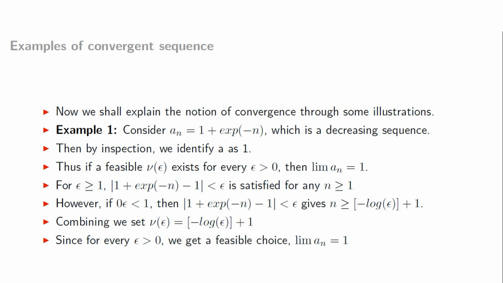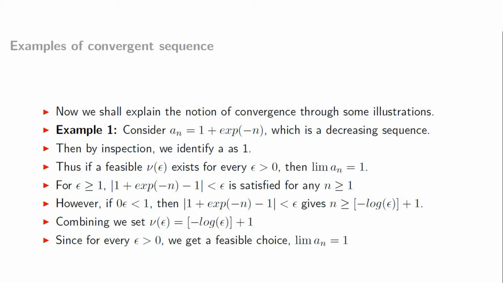However, if 0 is less than epsilon less than 1, then the absolute value of 1 plus e to the power minus n minus 1 being less than epsilon gives n greater than or equal to box of minus log epsilon plus 1. Now note that this box means the greatest integer contained in minus log epsilon, and it is interesting to note that since epsilon belongs to 0 and 1, this minus log epsilon is actually positive.